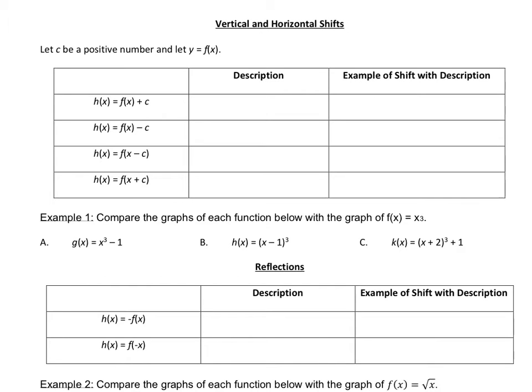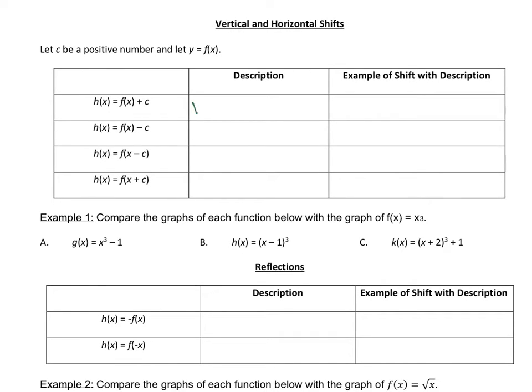In this video here, we're going to be looking at vertical and horizontal shifts. So let's just go over the basics here. Let's just say that I have a function, f of x, and what I'm going to be doing is shifting it in various ways. If you have a function and outside of the function you put a plus sign, and c is just some constant, some sort of number, that means you are shifting it vertically.